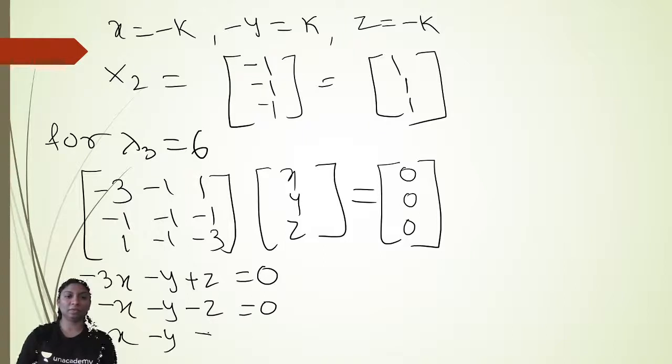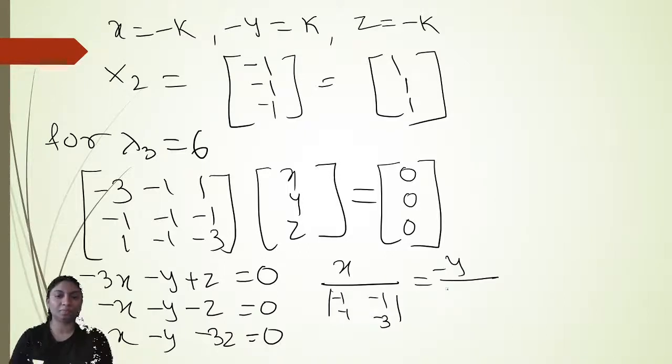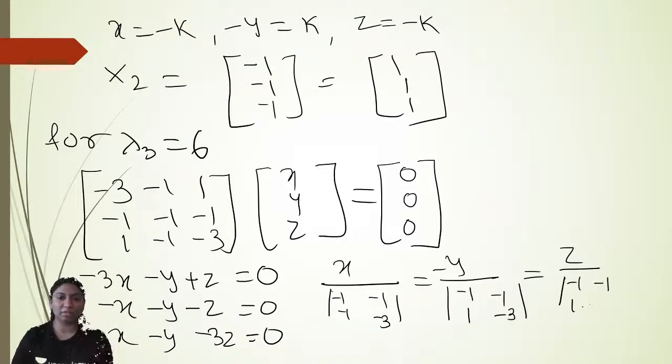X minus y minus 3z is equal to 0. So we can calculate x upon determinant of minus 1 minus 1 minus 1 minus 3, minus y upon, here is determinant of minus 1 1 minus 1 minus 3, z upon determinant of minus 1 minus 1 1 minus 1 is equal to k.